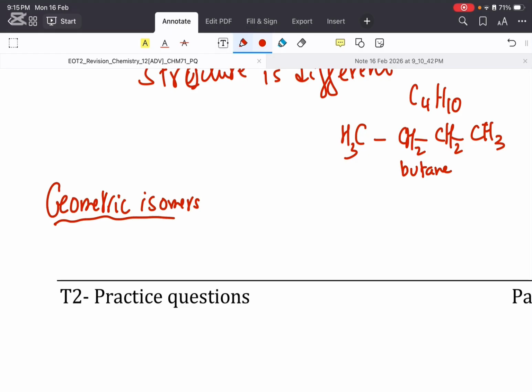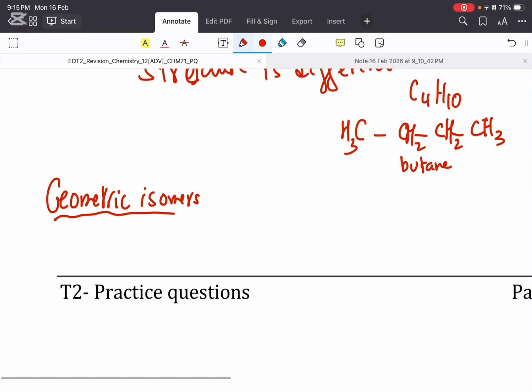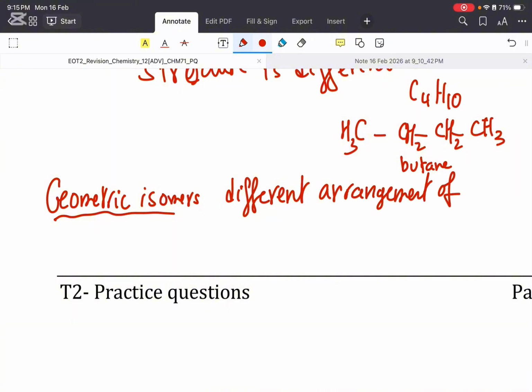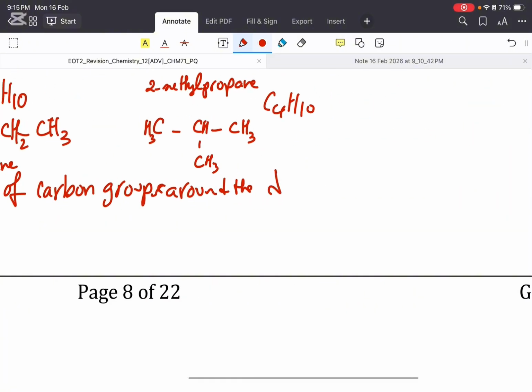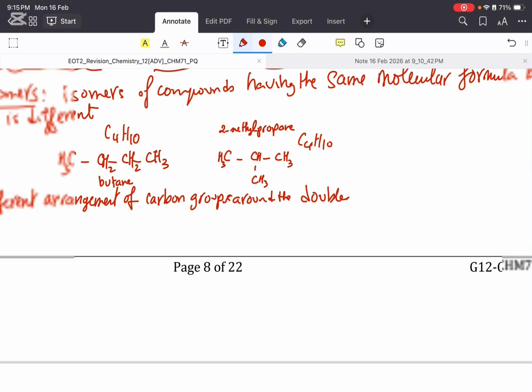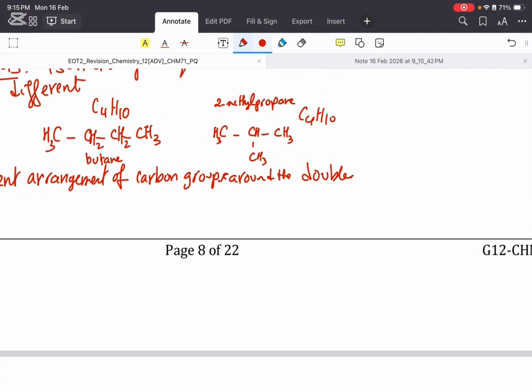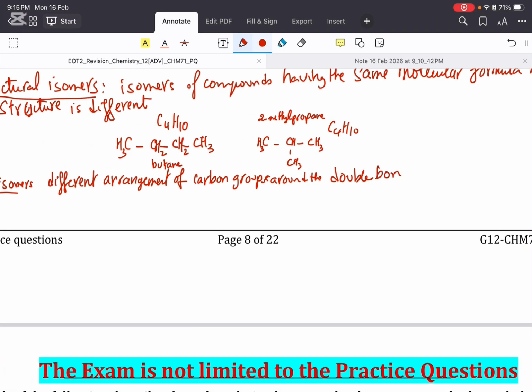So these are isomers, different arrangements of carbon groups around the double bond. So to talk about geometric isomers, you need a double bond.